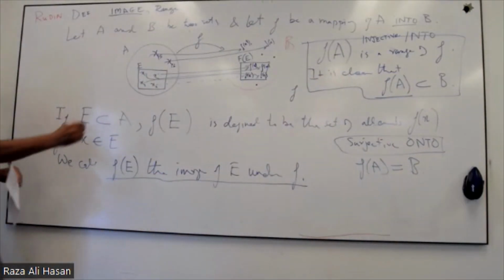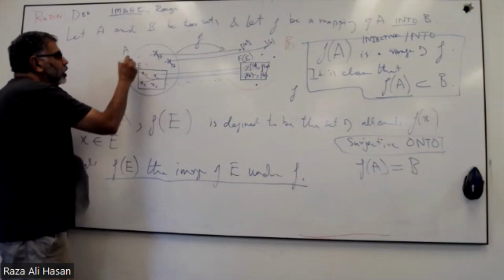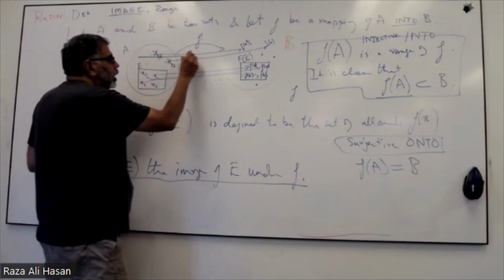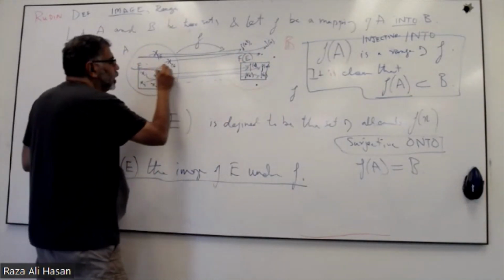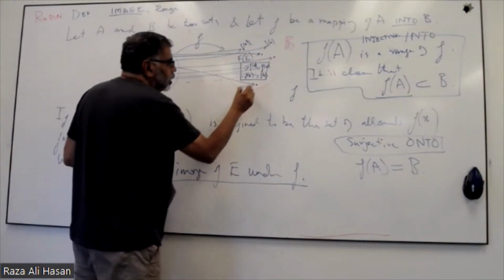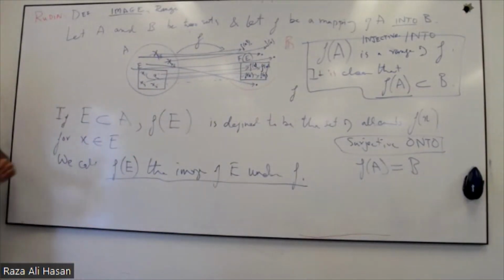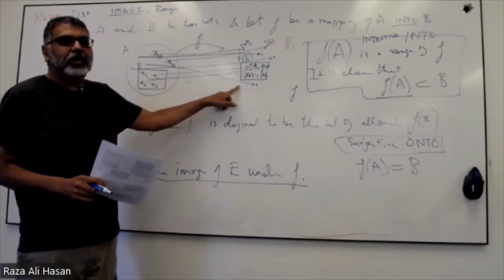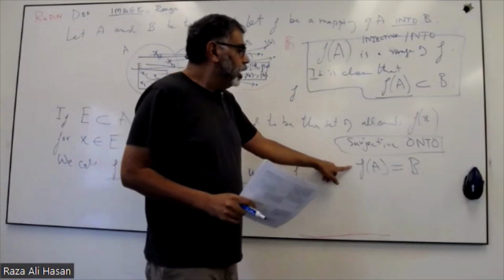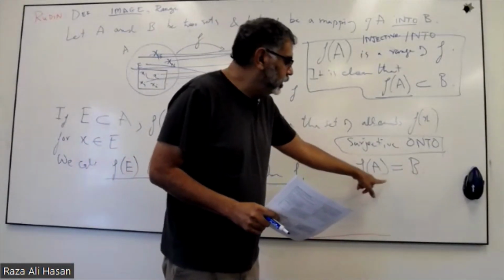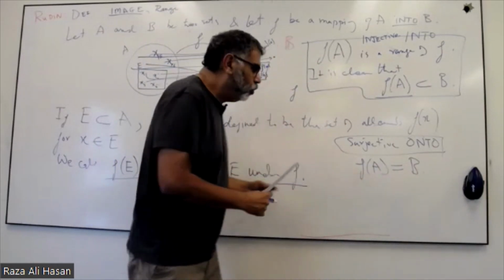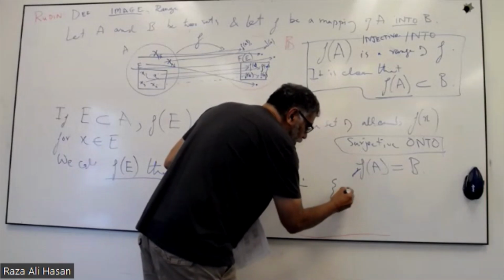In other words, there were 3 more things in the domain. And all of these guys, so every element of B has an arrow coming into it. When f of uppercase A equals the set B. All the values in this set here, what are the values of this set?